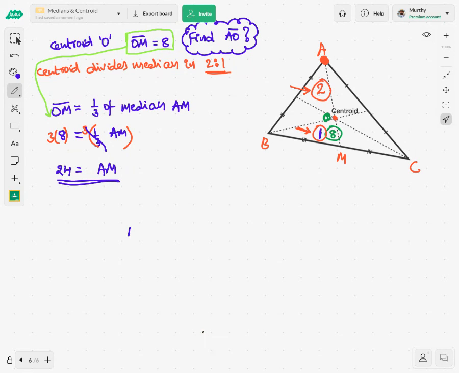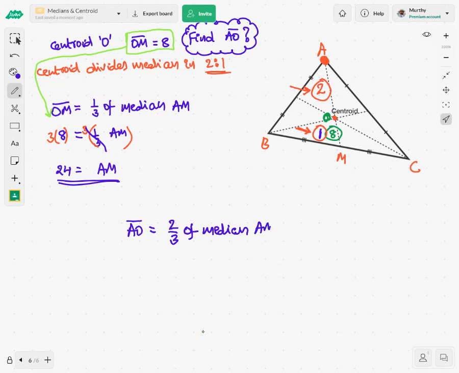So the length of AO, that is this part, I see that it is 2 parts out of 3, 2/3 of the median AM.